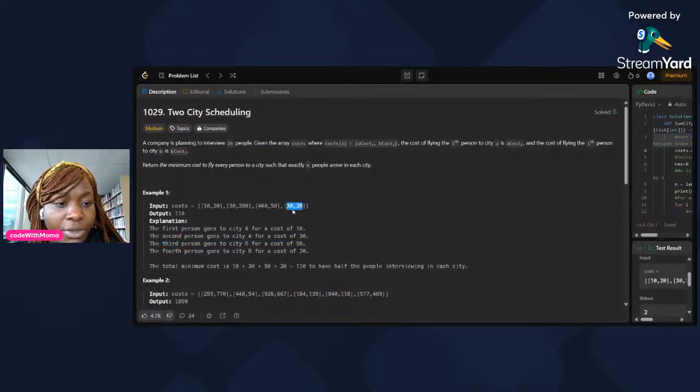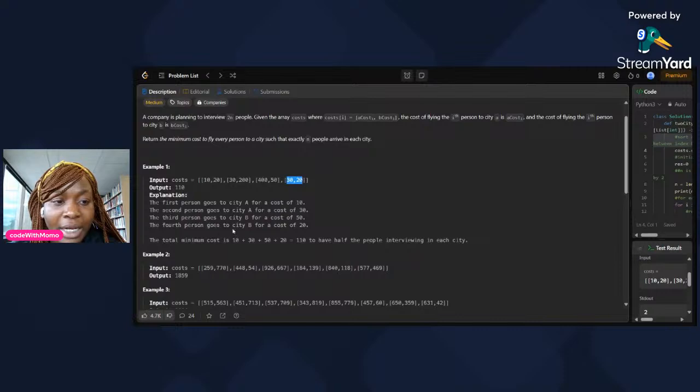So in this question, notice something. I believe the recruiter divided the cost array into two, so the first half is going to city A, the second half is going to city B, and then they added everything together.